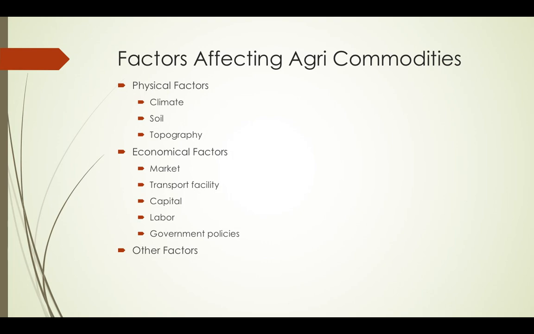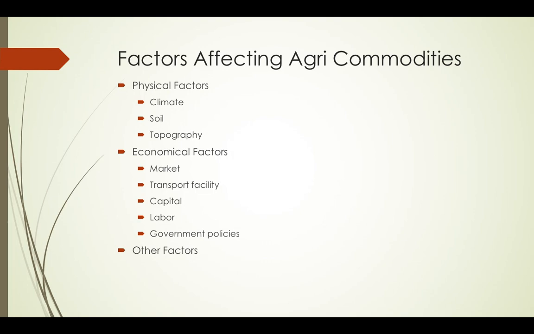Take an example of sugarcane or oilseed cultivation, which has increased in India on account of greater emphasis put by the government on these crops. Subsidies are also provided by government on some crops, so the production of that particular crop is increased. So these are all factors influenced by government policies.